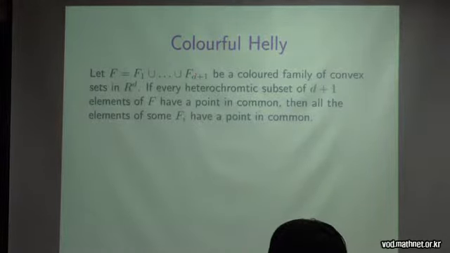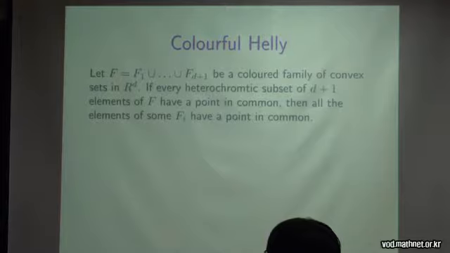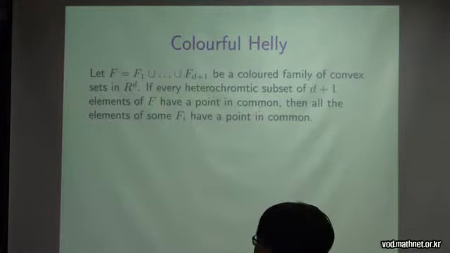Here is everything that's colored with the color d plus 1. And now your hypothesis changes a bit. Now you want every heterochromatic subset of d plus 1 elements of F to have a point in common. That is, you want to take exactly one element from each color, and you want that for every choice you find a point in their intersection.